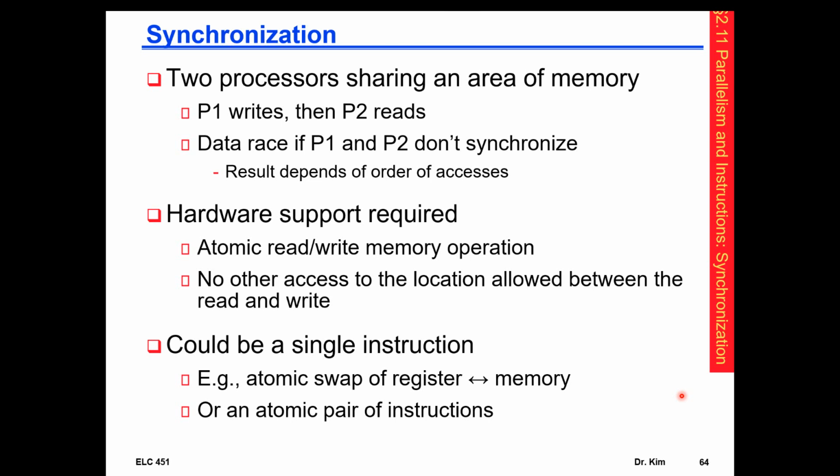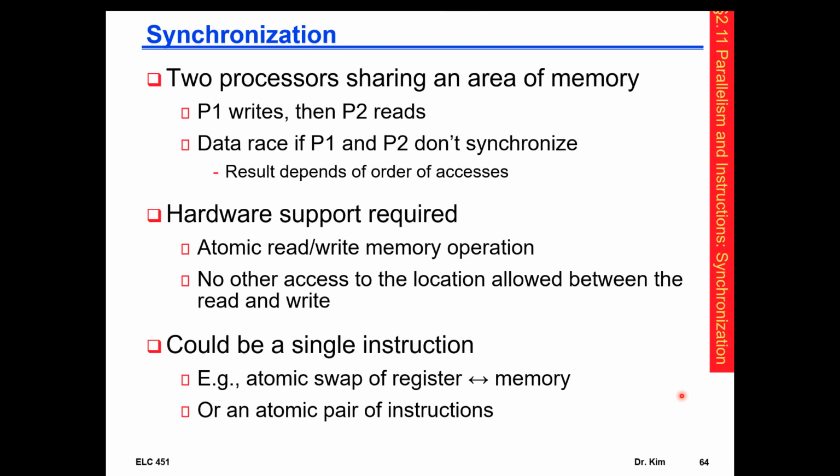Now that data is old. How do you keep coherency and the correctness of the execution stream, which is what the programmer intended? That lack of coherency is what we call a data race. And the way to solve it is to have synchronization of the execution between the processors.